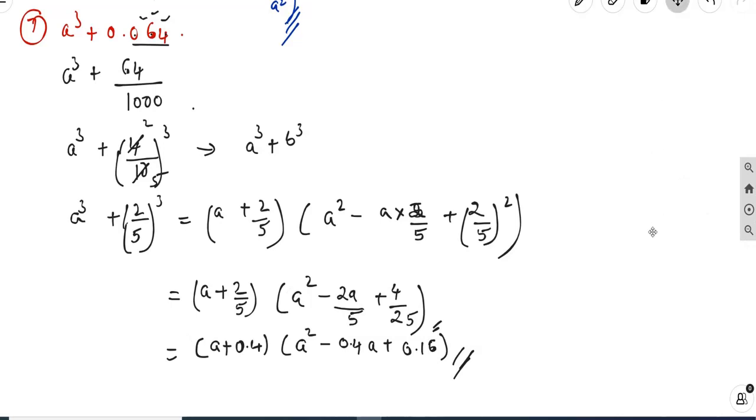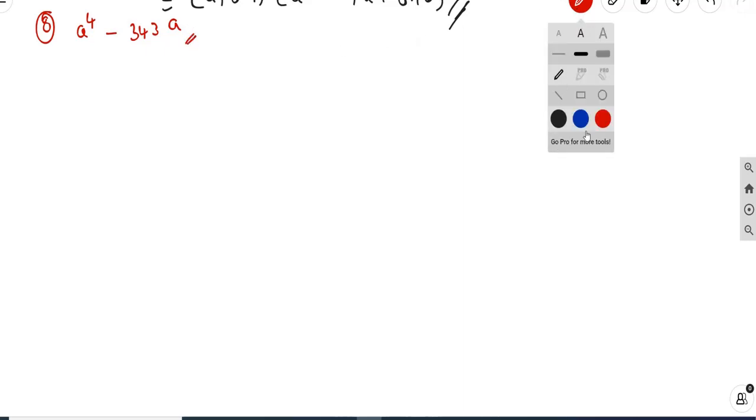That is the problem given as a to the power of 4 minus 343a. Now is there anything common in this? Yes, you have a common, that is a, because we have to put it in the form of a to the power of 3, that is a cube. Okay, so if I take a common here, what is left here?